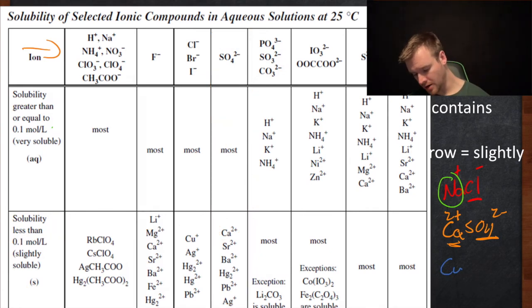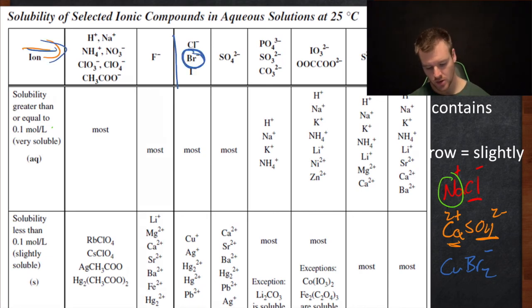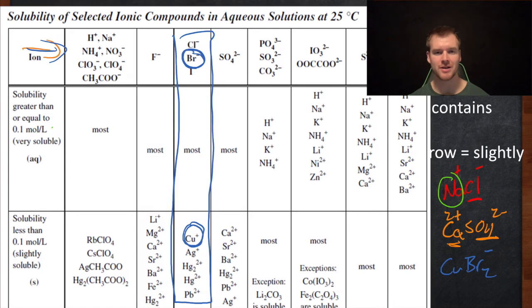How about copper bromide? CuBr2. So we're looking for the Br first. It is a minus and we find it right here. So we're looking in this column. Now we do see Cu here. However, we have to note that Cu, or copper, can have multiple charges. It could be +1 or +2.